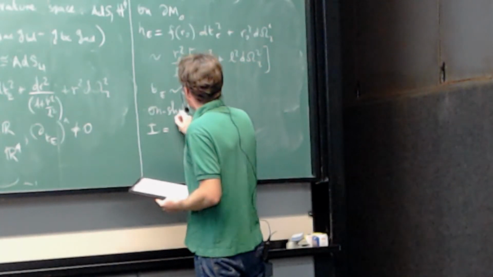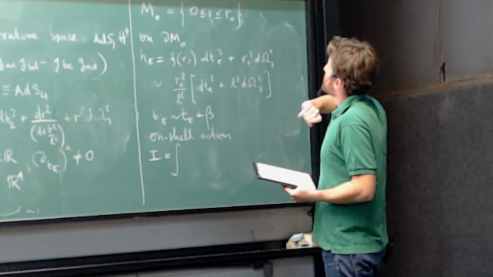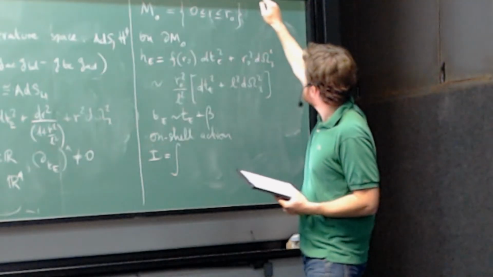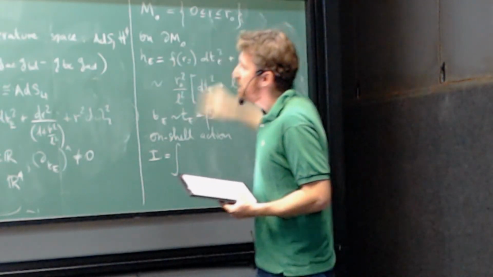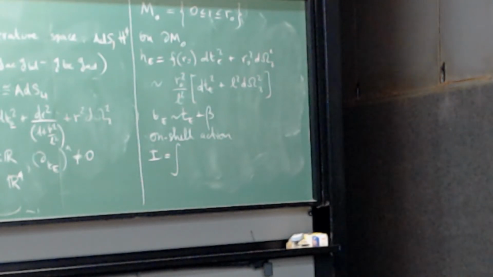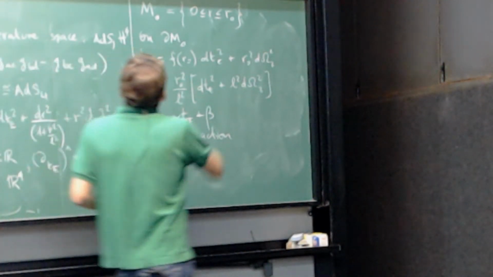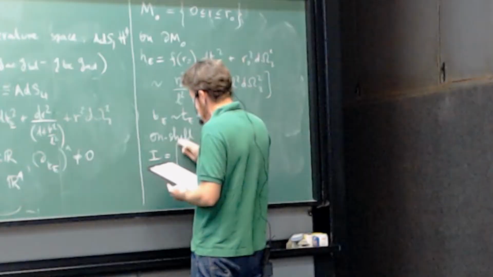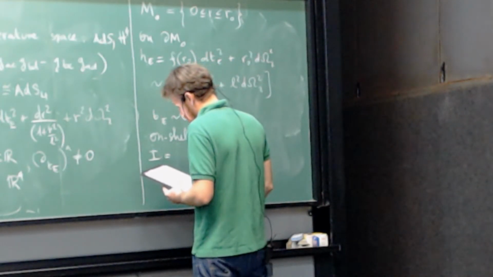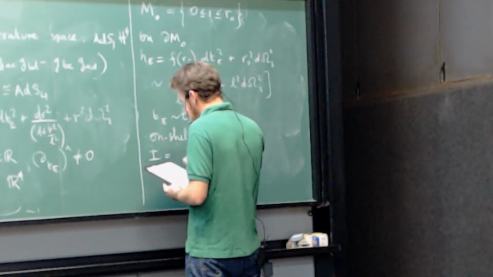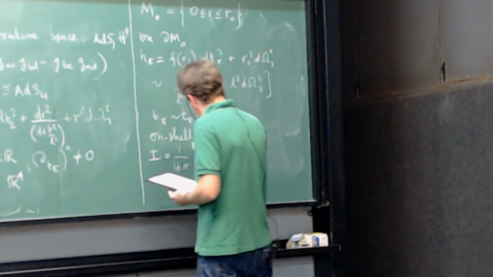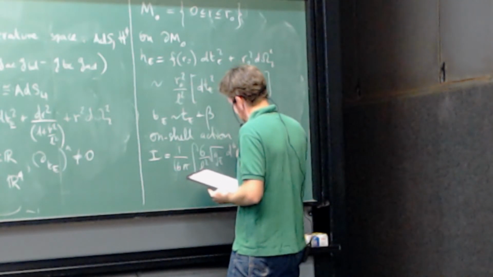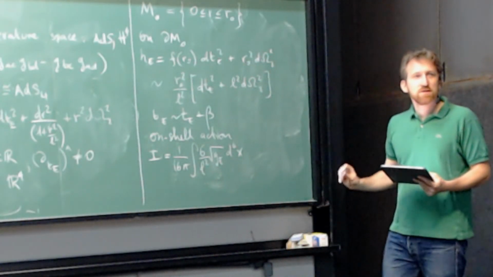You'll need to consider the Einstein-Hilbert term. So when I take the on-shell action, I can substitute back in R minus 2 lambda the value of R, but the value of R is 4 lambda. So I can substitute it back. I'll get 4 lambda minus 2 lambda, which is 2 lambda. Lambda is minus 3 divided by L squared, so it's 1 divided by 16 pi integral of L divided by S squared. Okay, this is on shell.